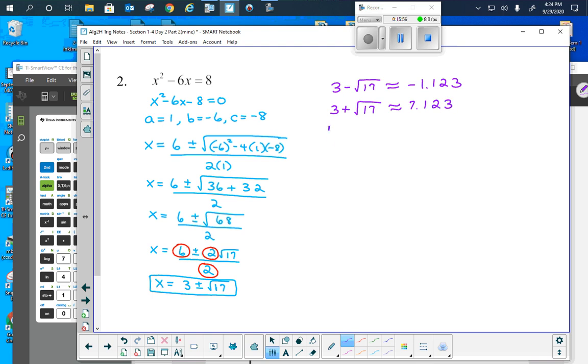All right, so I'm going to be putting in y1. Again, I've got to use it where it's set equal to 0, so I'm going to put it in that form: x squared minus 6x minus 8. I'm not going to put in y2 equals 0, because we know that's the x-axis, and I'm just going to be finding roots. All right, we're on our graphing calculator.